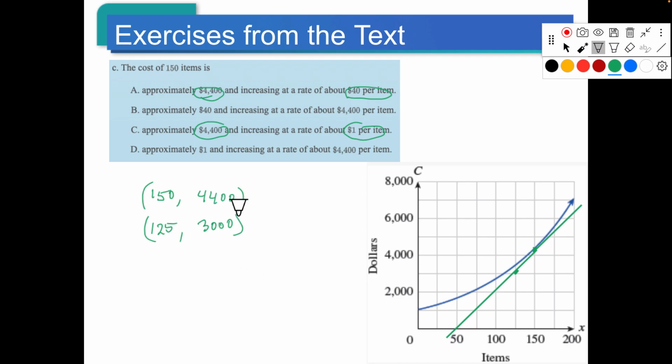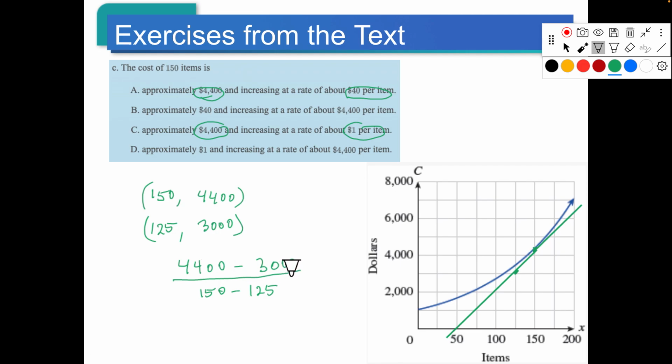I could say y2 minus y1. And again, I'm using the tangent line, but I'm using two points on it to try to estimate this. Because I look at that, and I couldn't tell if it's 1 or 40. You would think you could. And then 150 minus 125. So we're just using the slope of the tangent line, estimating like we did earlier on.